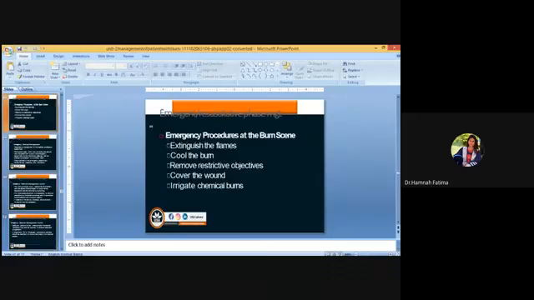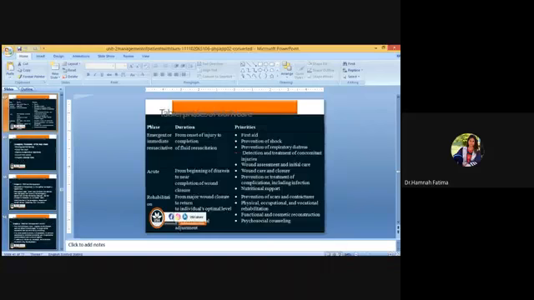Now let's discuss management, pre-hospital management and hospital management. In pre-hospital management, remove the clothing first and manage airway.